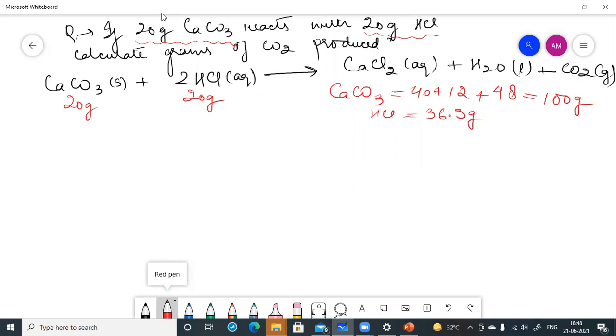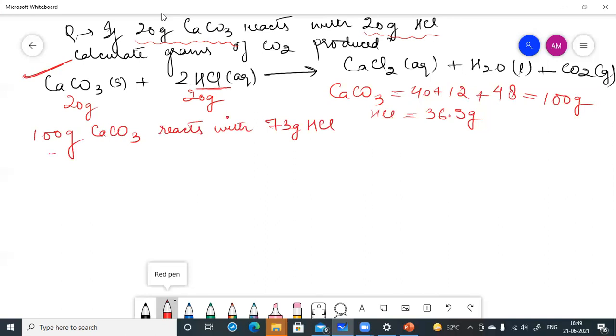ठीक है। तो किस method से करें? चलो mass वाले से कर लेते हैं। So according to this reaction, 100 grams of calcium carbonate reacts with 36.5, this will be 73 grams of HCl, ठीक है, क्योंकि 2 moles HCl है ना, so this will be 73 grams of HCl.